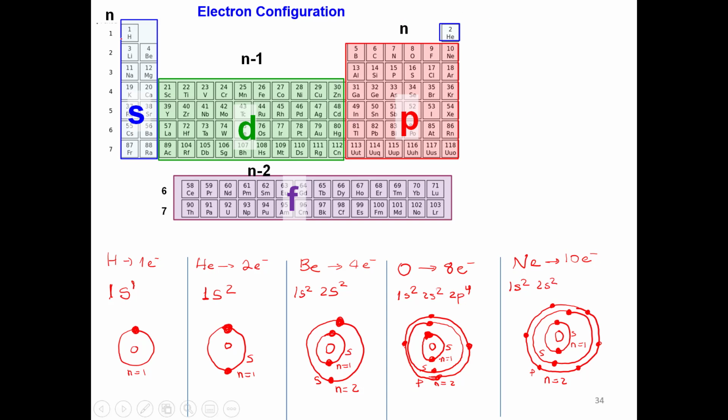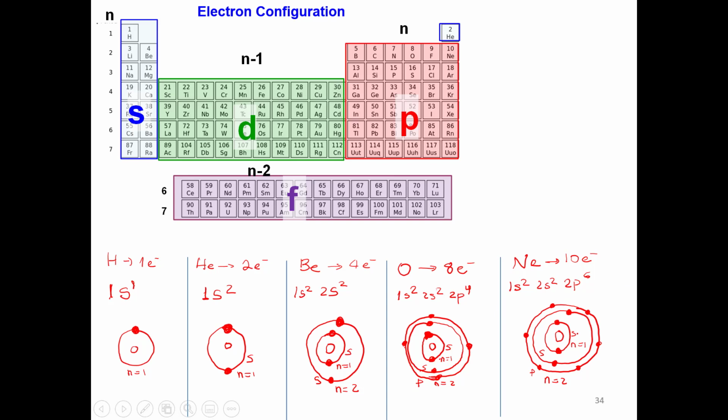The next is 2p because it's in this group, block P. And we count how many are in this position: 1, 2, 3, 4, 5, 6. Now 4 plus 6 is 10 electrons. Then it's right.